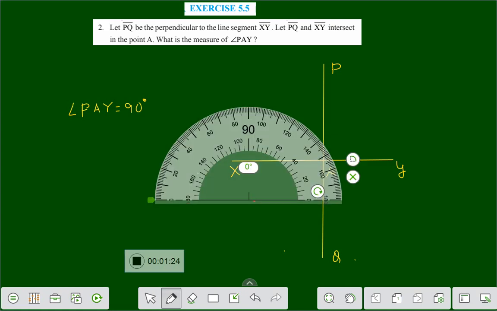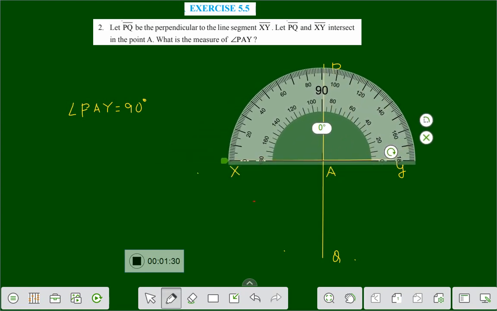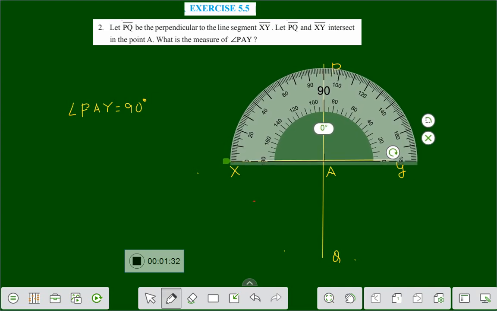If you measure the angle, you see here, the angle of PAY is exactly 90 degree. Therefore, you can say that angle PAY is equal to 90 degree. Right? That means we have done this problem question number 2.